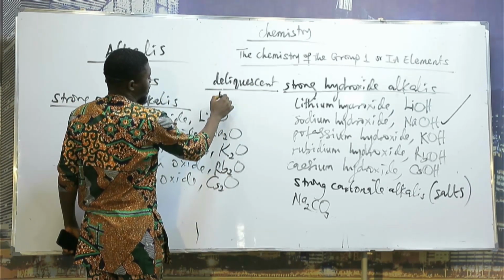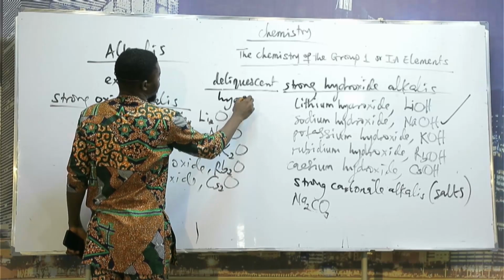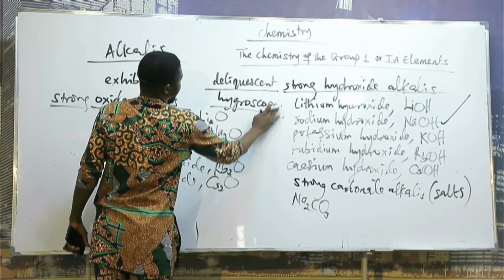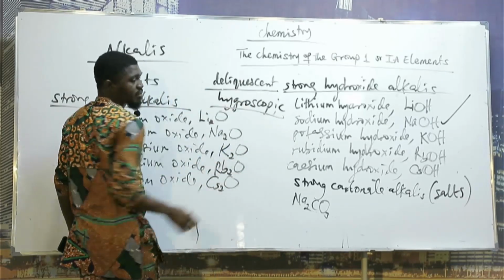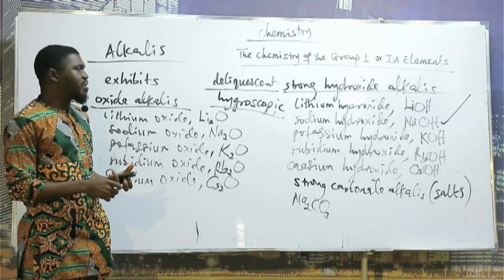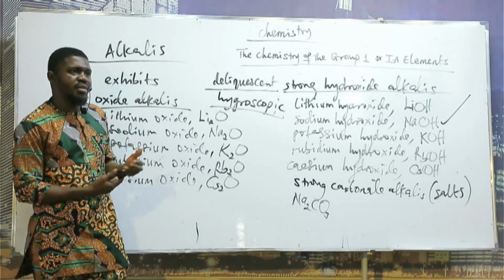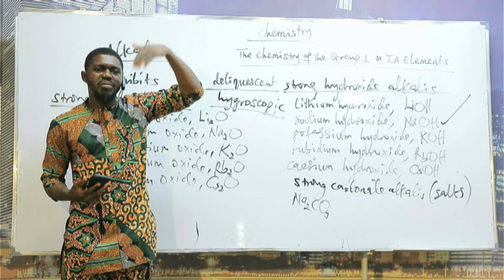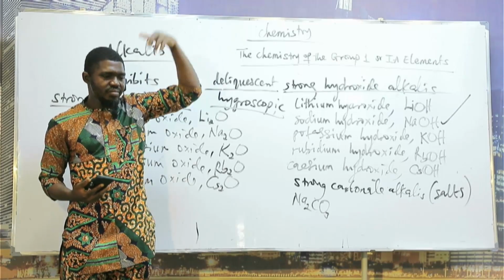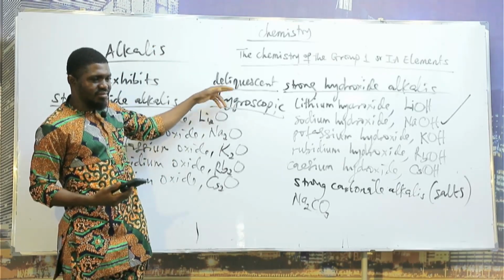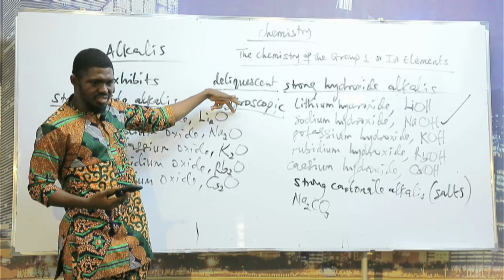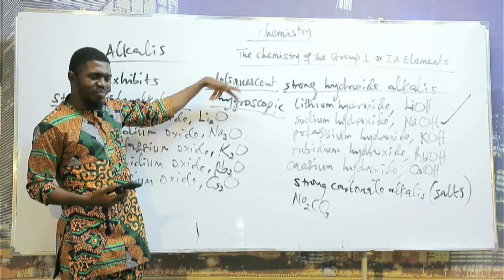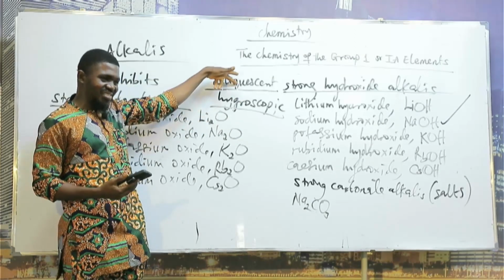You have this word, and this. What is the meaning of hygroscopy? This word has to do with the relationship with moisture in the air. So this is this. But this is not this.